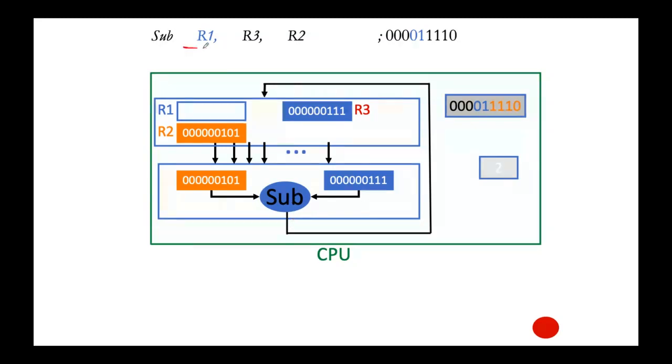That allocated memory is your R1, and the result goes and is stored there, that is the write back operation. Once write back is over, the program counter increases to load the next instruction.